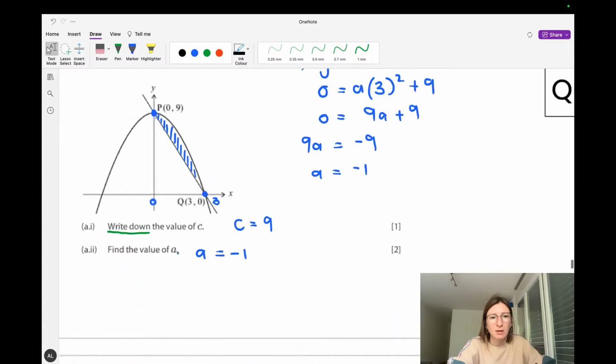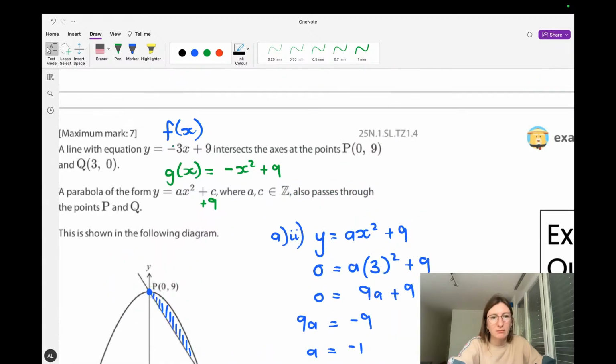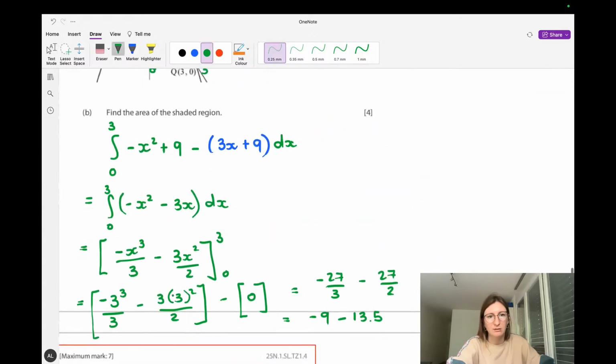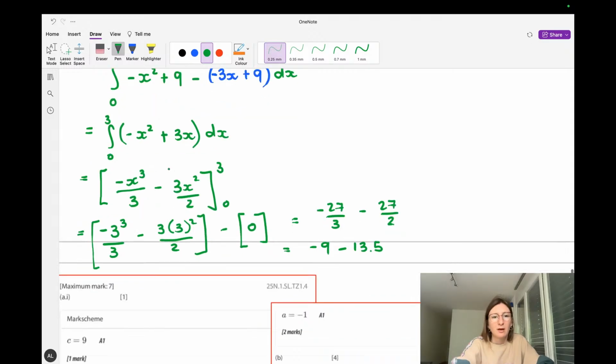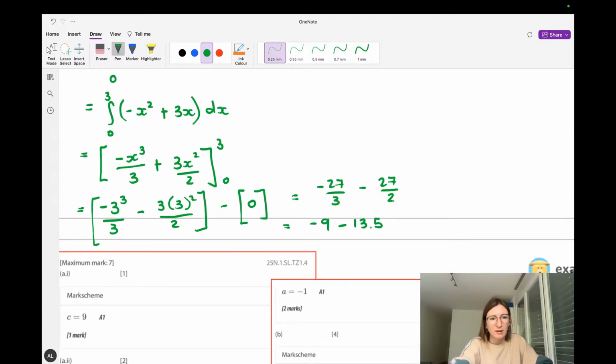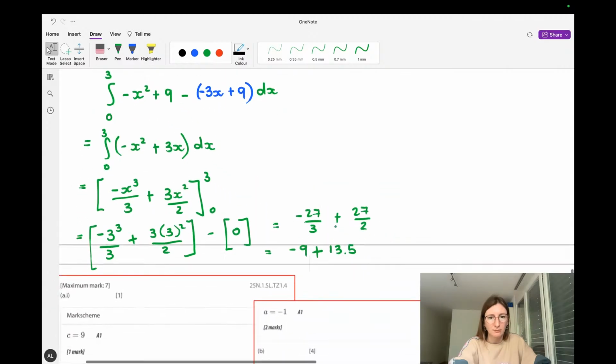Oh, was it minus 3x minus 9? Yes, there's a minus there that I did not copy across correctly. So sorry, that should be minus, oh, no. Minus 3x minus 9. So that would make that positive 3x. And that would be positive, that would be positive. And so that's positive and positive. There we go. Just copied that wrong.